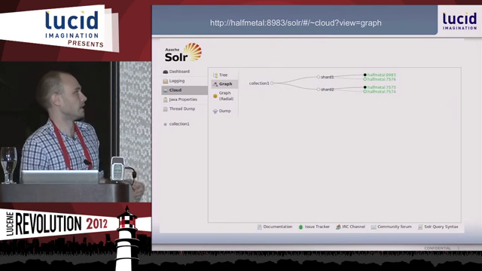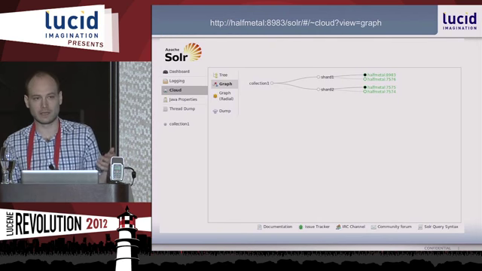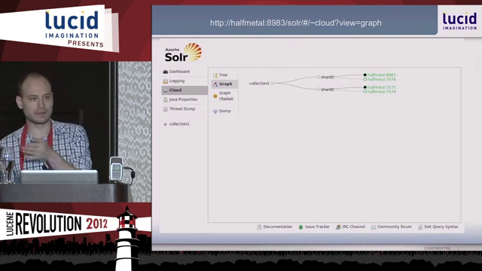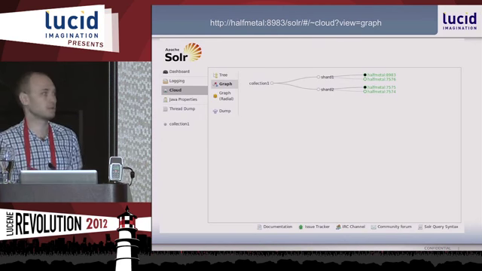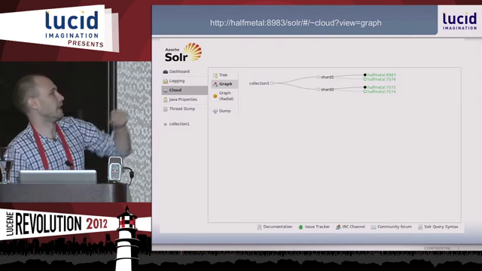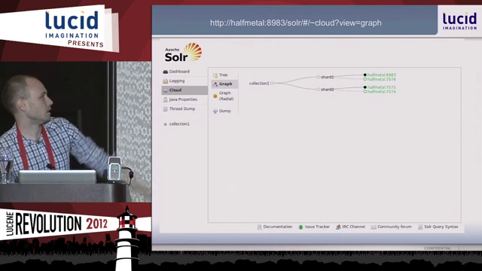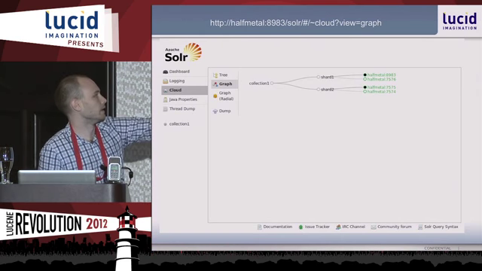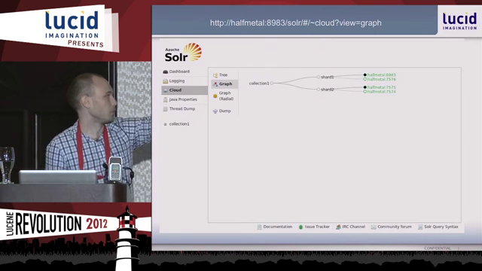If you're running in SolrCloud mode by passing those properties, like in this case, when you pass the Zookeeper host to connect to, that indicates to Solr that you're running in SolrCloud mode. You're going to get this cloud tab, and when you click on that, you've got these views of your cluster. So in this case, we've got collection 1, which is 2 shards, and there's 4 nodes.